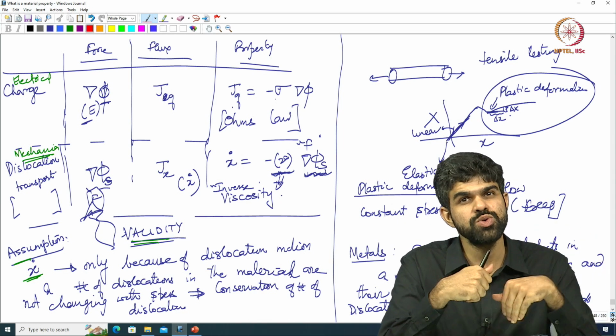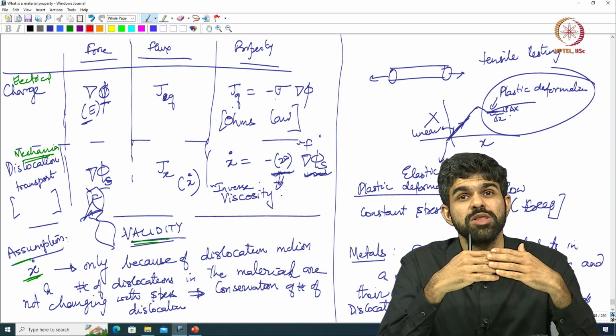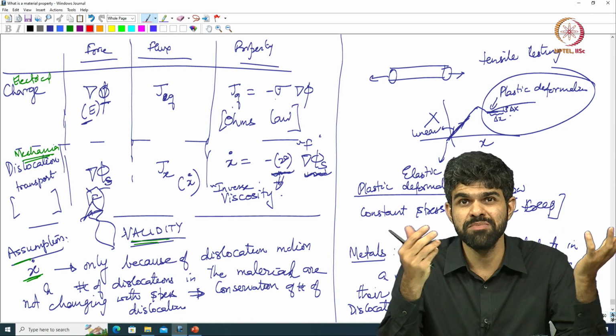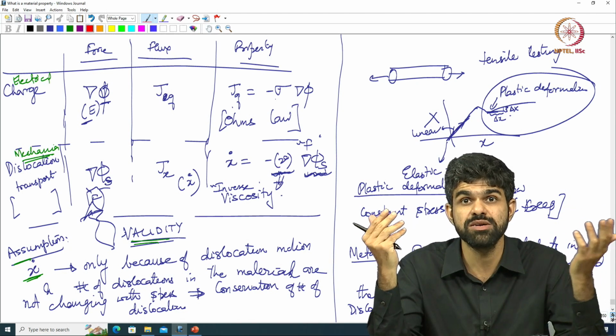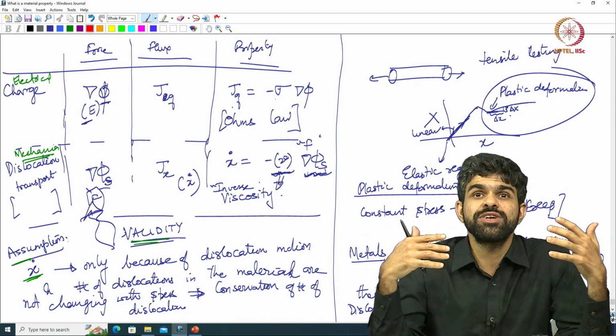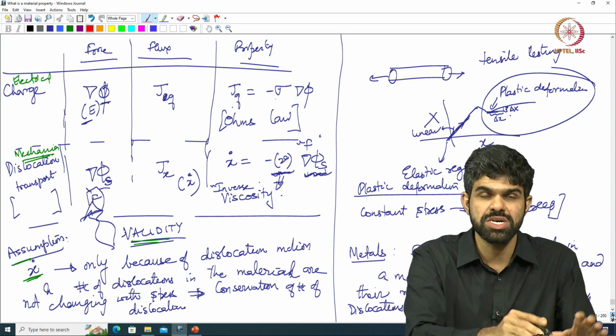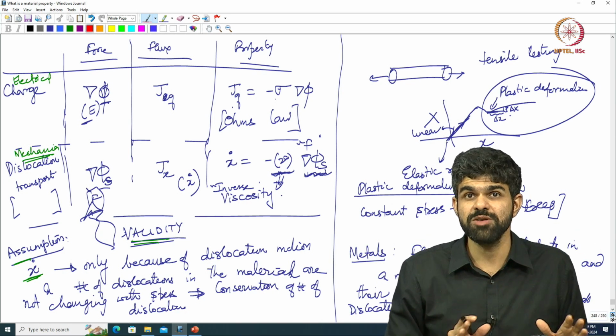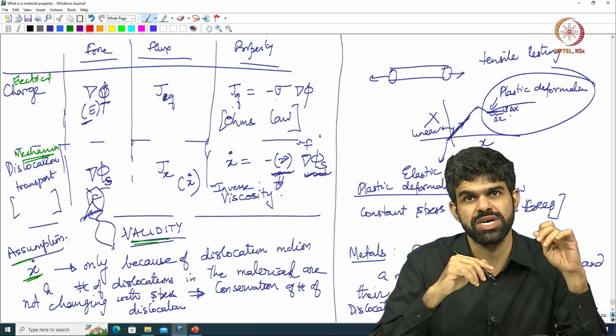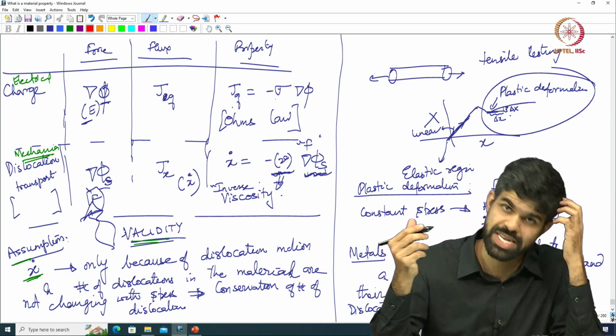But when it comes to the mechanical problem where I need to look at dislocation motion, I have to develop other theories which do not follow the same framework, because there is a generation term of dislocations. So, generation of dislocations can exist.